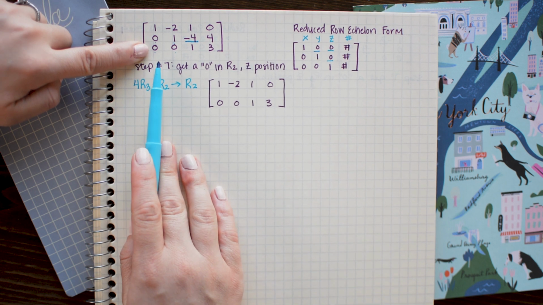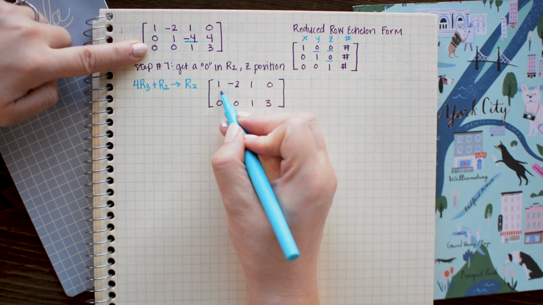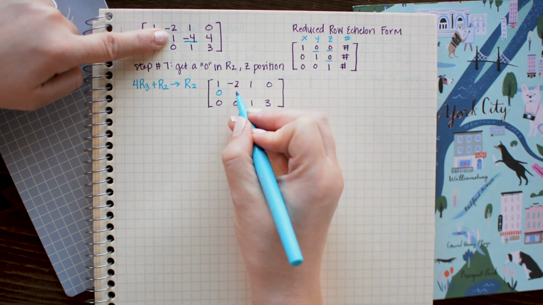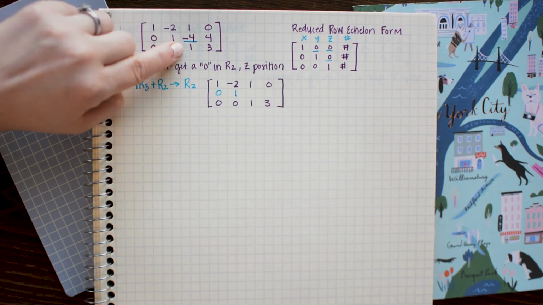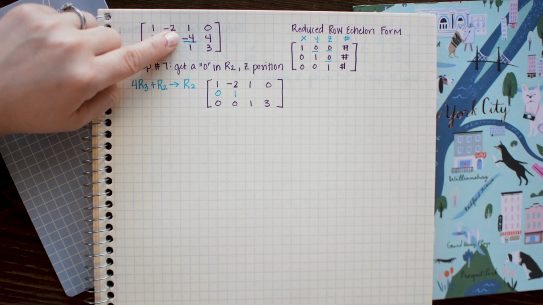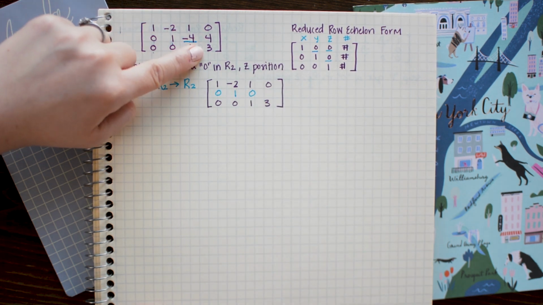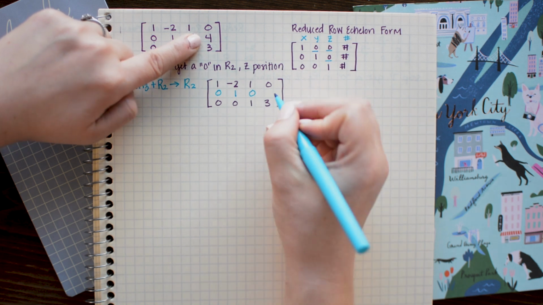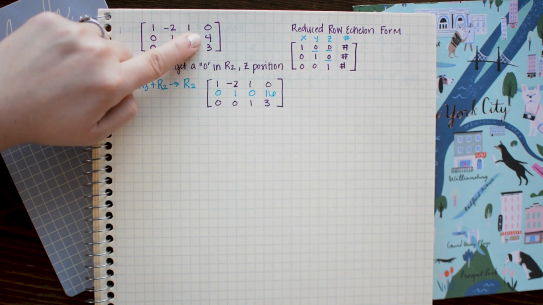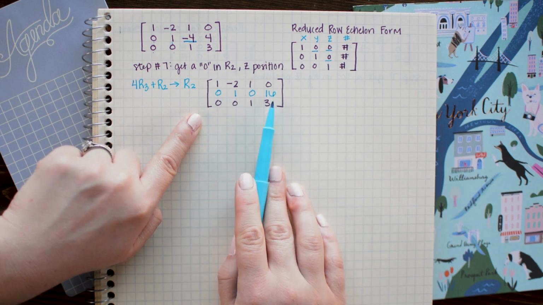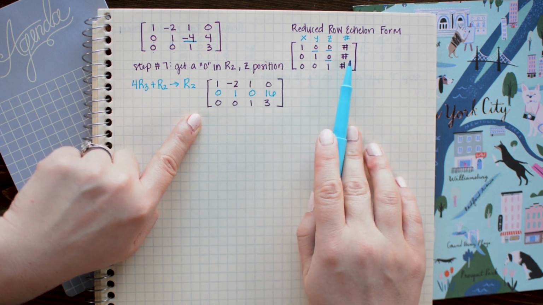So 4 times 0 plus 0 is 0. 4 times 0 plus 1 is 1. 4 times 1 is 4, plus -4 is 0. 4 times 3 is 12, plus 4 is 16. All right, so now that I have the pattern 0, 1, 0, then a number, I have completed row 2 in my reduced row echelon form.